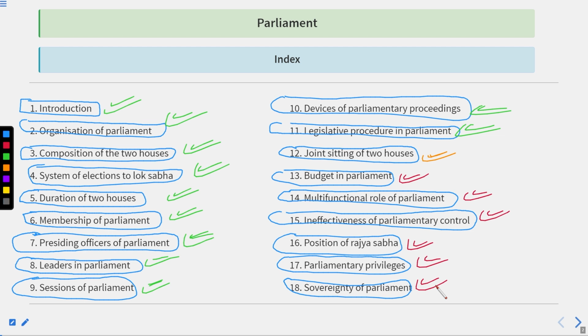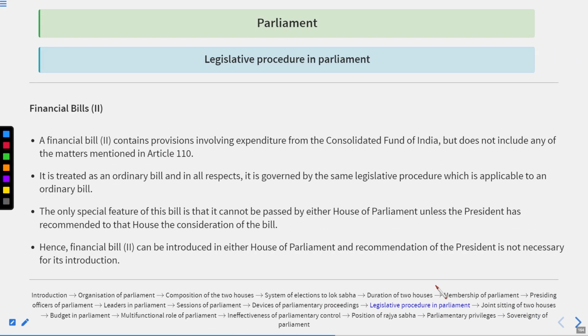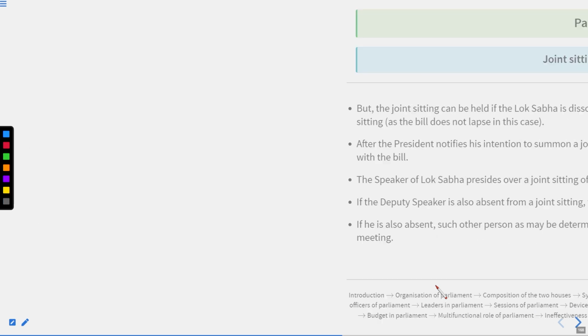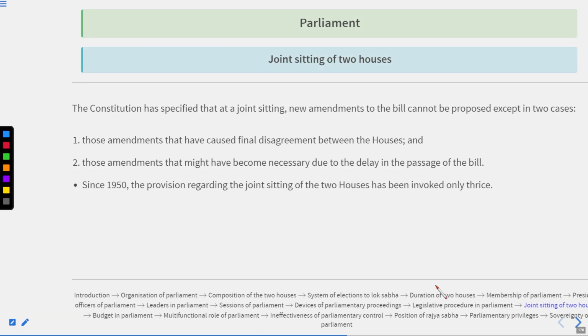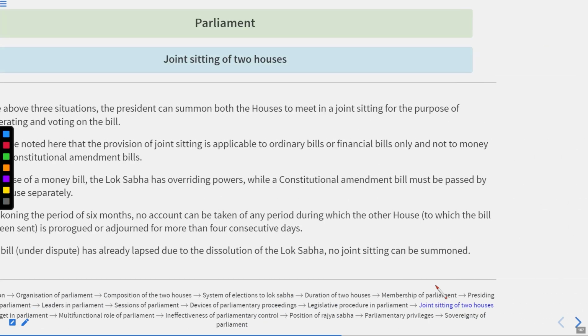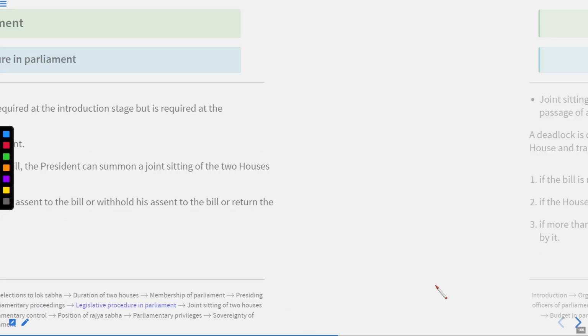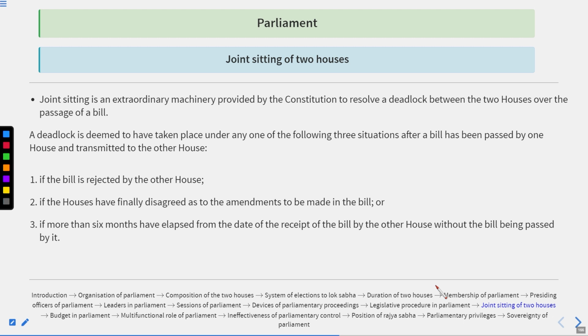In this lecture, we will start from where we had left in the previous one. In the previous lecture, we had started the discussion over the joint sitting of two houses.